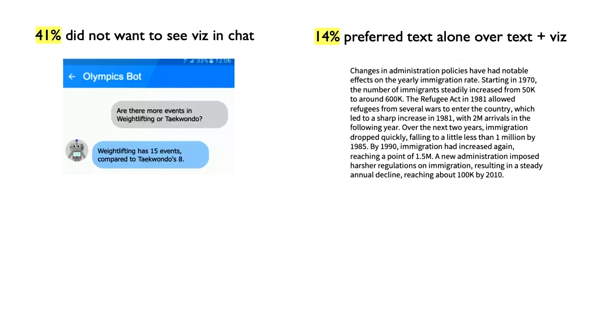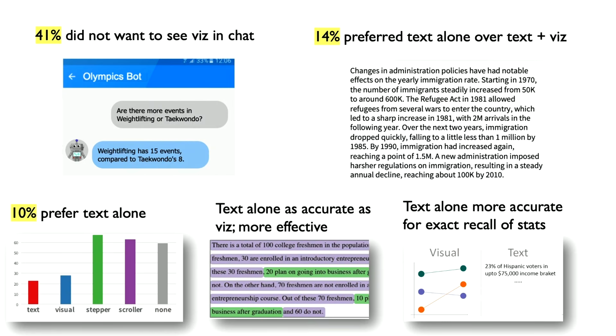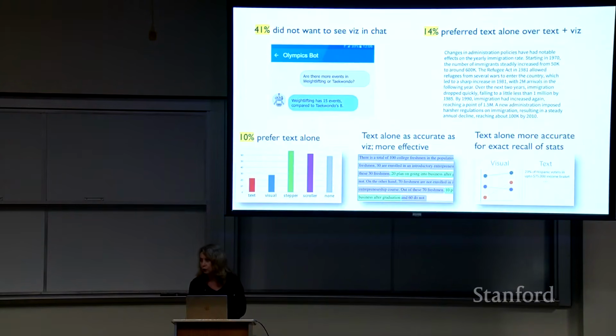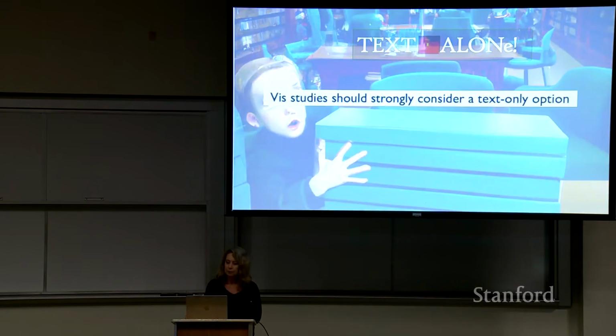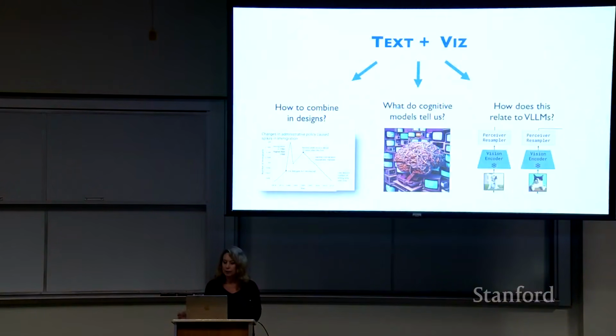Okay, and there's one study I didn't talk about, but overall, we're finding a lot of evidence that one should at least consider a text-alone option when one is designing an information display that includes visualization. And since we kind of started promoting this, we have seen more of this in the research literature. All right, so that's the first part of this talk.